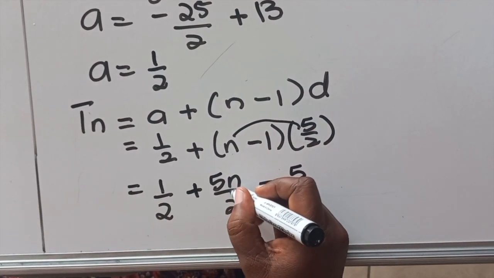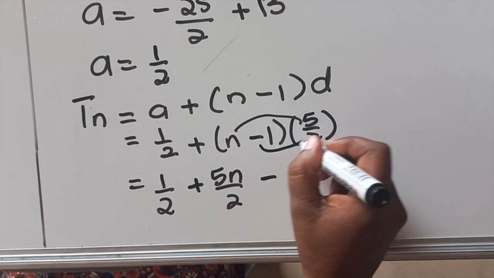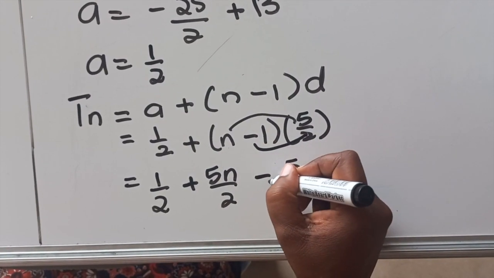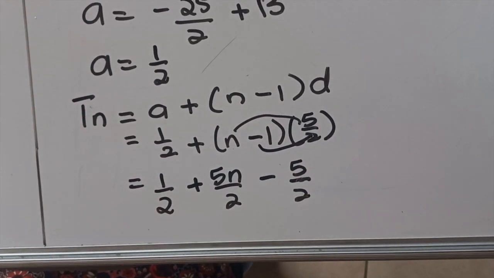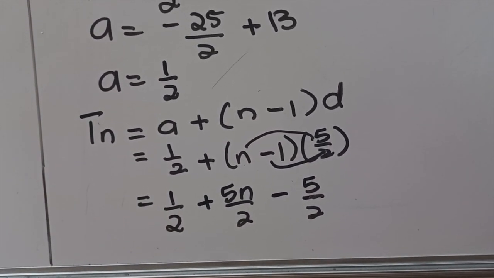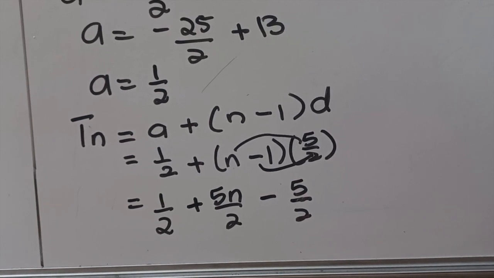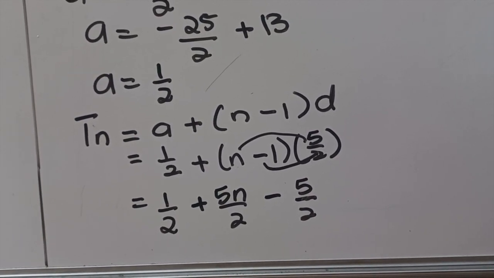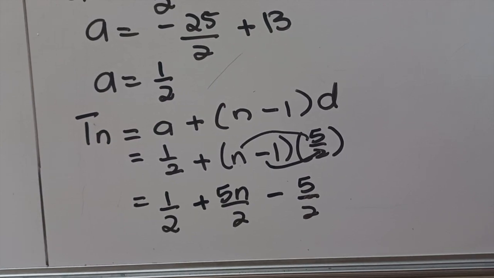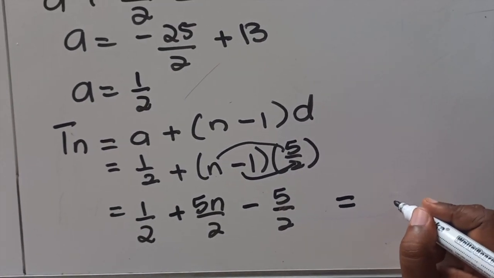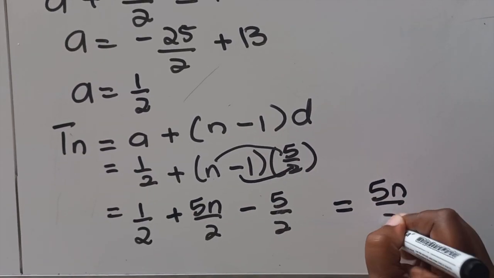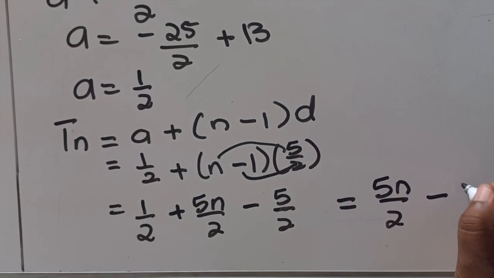That n times 5 over 2 gives 5n over 2. Then 1 times 5 over 2 gives minus 5 over 2. Then these two are like terms. We're going to add them. We get a half minus 5 over 2, which is minus 2. So my Tn is 5n over 2 minus 2.